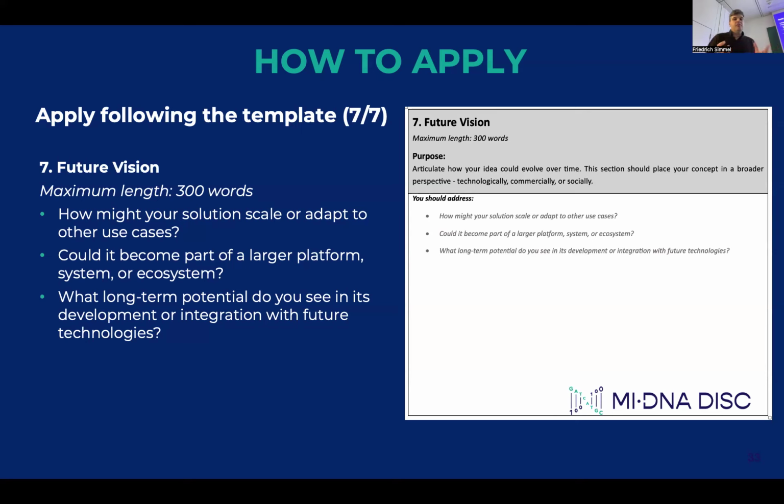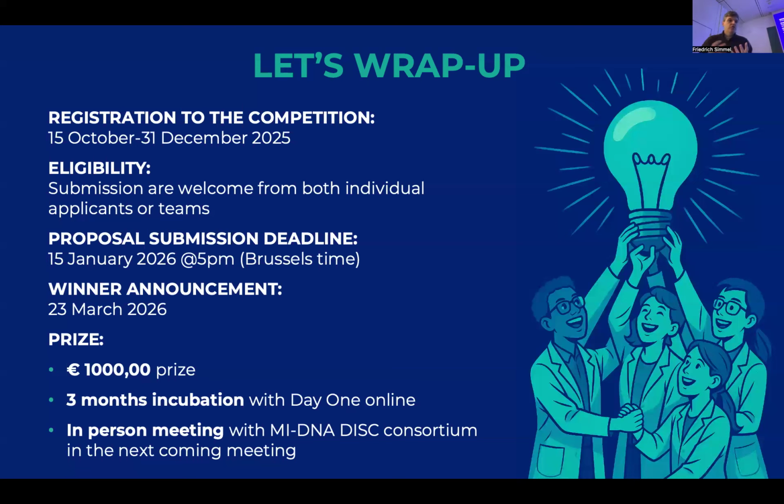This is the form that you will find on the website as a template, and you can just fill it in following the main questions. So just to summarize everything: the registration starts this Wednesday, the 15th of October, until the end of the year, 31st of December 2025.